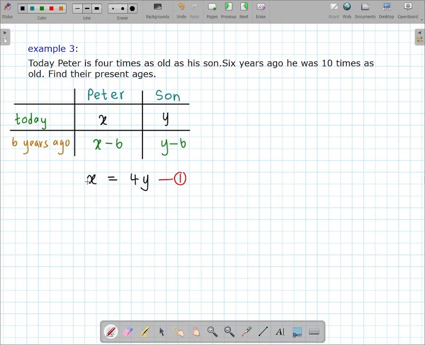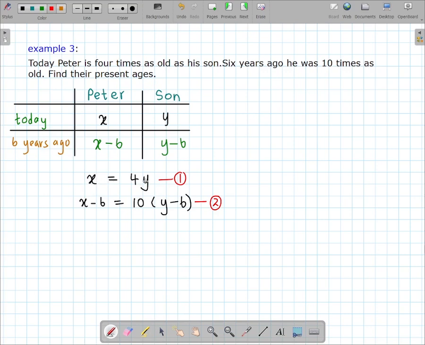That means 6 years ago, Peter's age is x minus 6 equals 10 times son. 6 years ago, son is y minus 6. So that is 10 times y minus 6. That is equation 2.